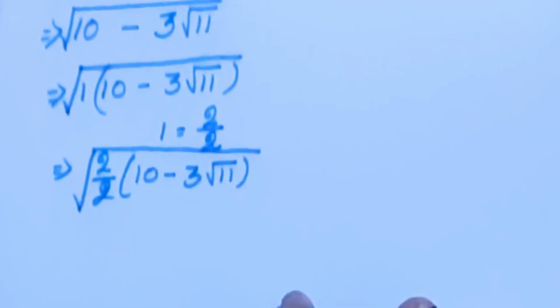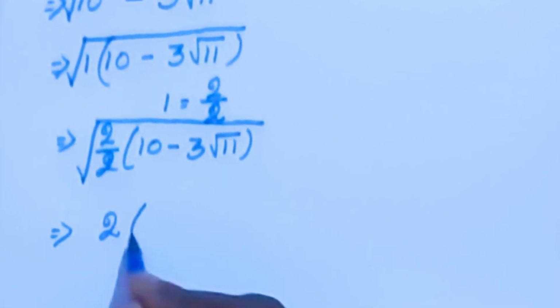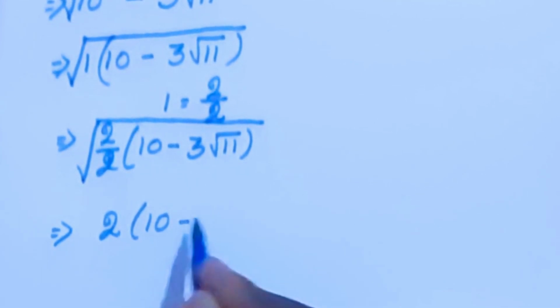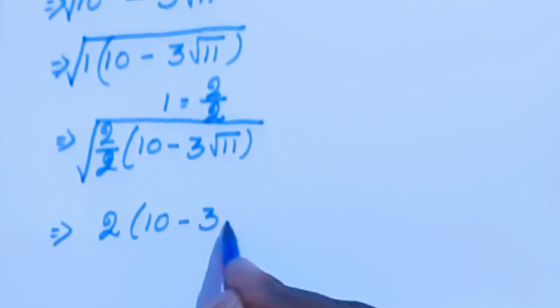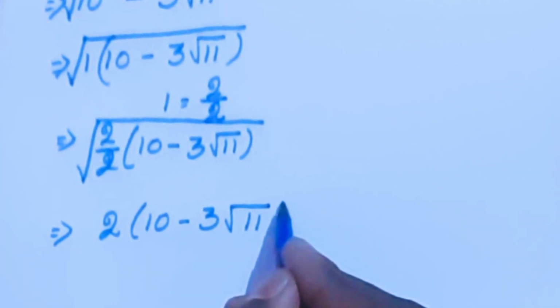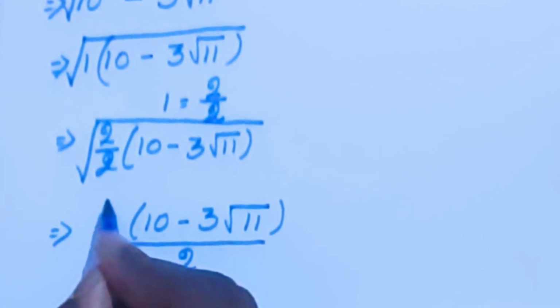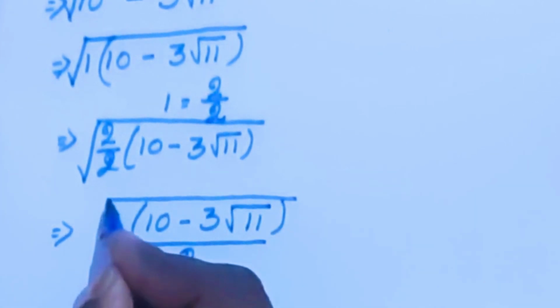Now this can be written as square root of 2 times 10 minus 3 times square root of 11 by 2 in whole square root.